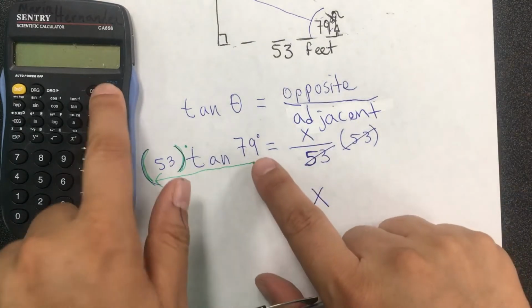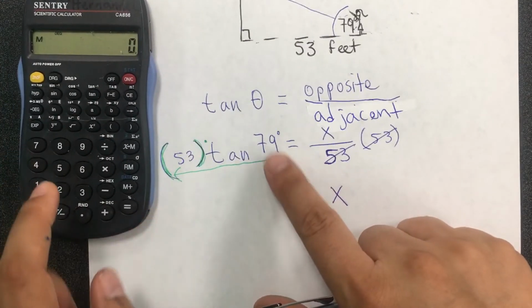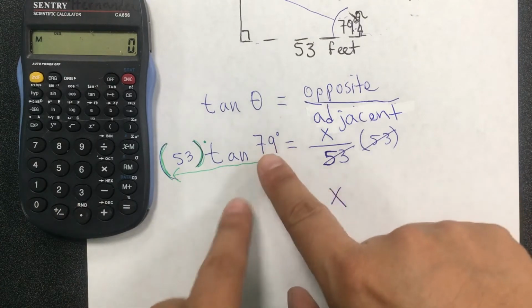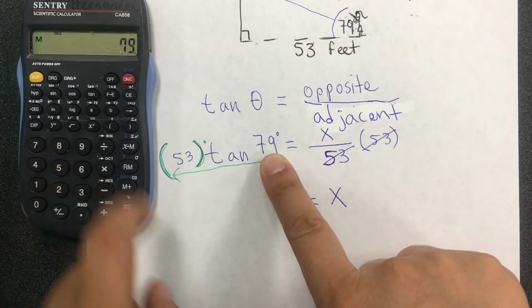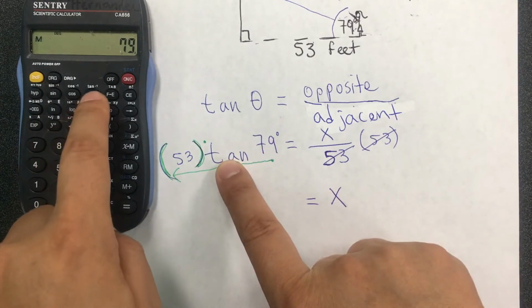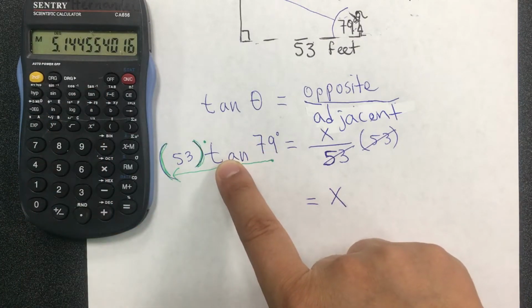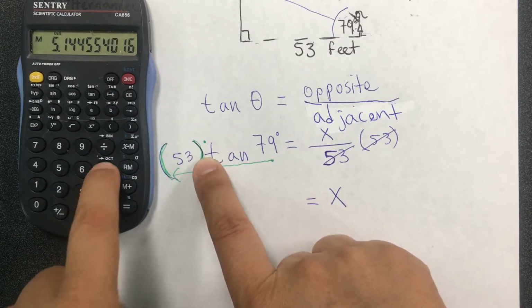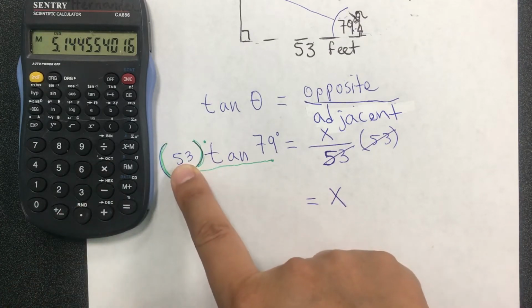So this is how you're going to input it. You start here, 79, tangent, times, and then the 53. Okay, and you press equal.